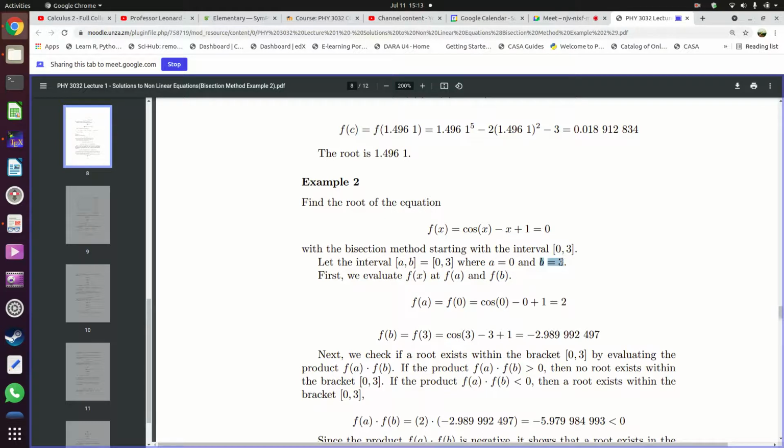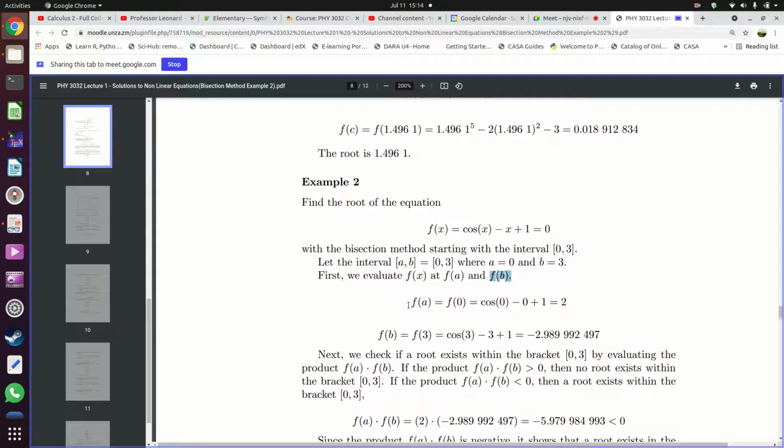Is that clear? Yes. Okay. Next, we want to find out if there is a solution in this bracket 0 and 3. So the first thing we have to do is evaluate our function at A and also at B. So we need to evaluate f of A and f of B.